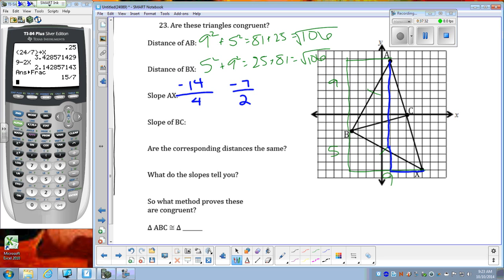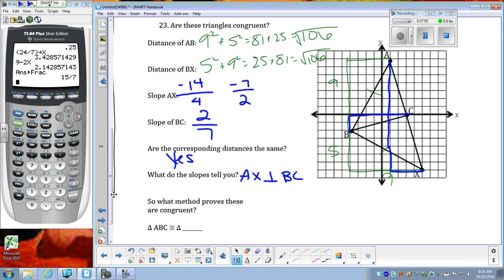For the slope of BC, I went up 2 and then over 7. So are the corresponding distances the same? Yes, the two I found are the same. And then it says, what do slopes tell you? Well, since I have -7 over 2 and 2 over 7, I know that AX is perpendicular to BC.